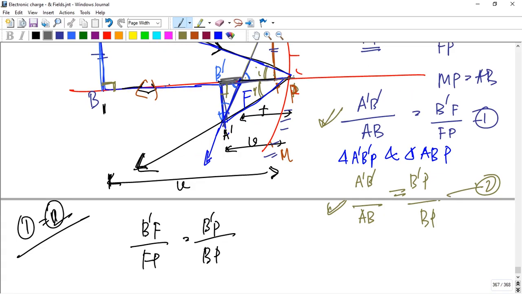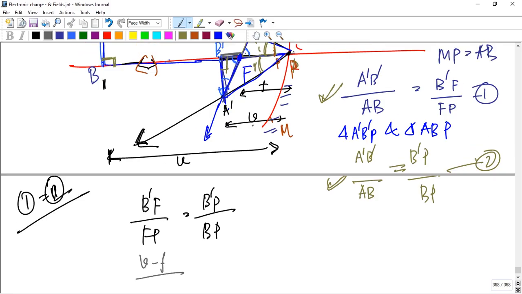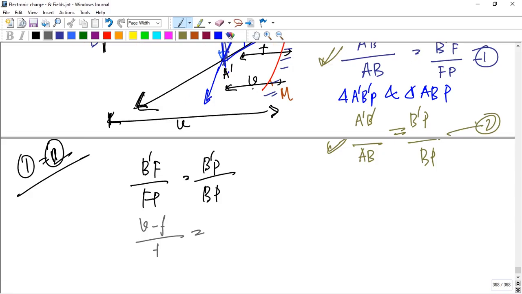B dash P means V and FP means F, so V minus F by F, that is equal to B dash P by BP, that is V by U.